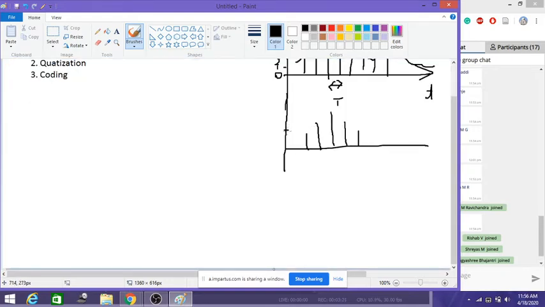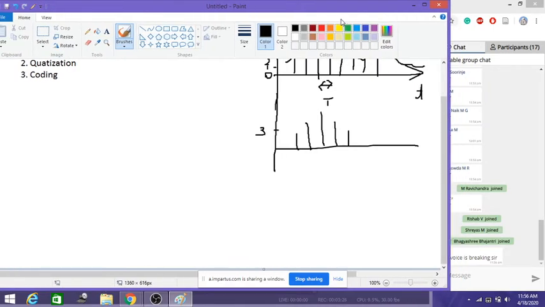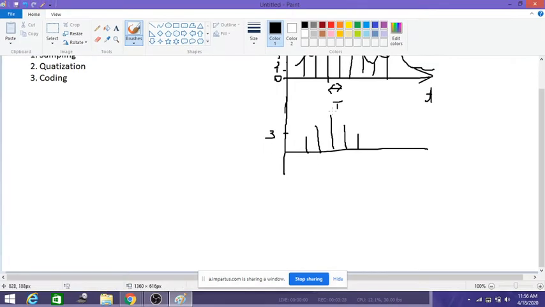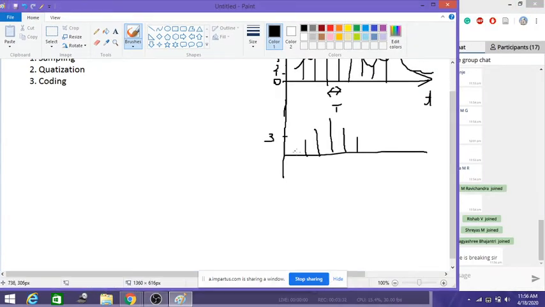So 8 levels we'll get. If a sample is at 3, then if it is somewhere at 2.9, we'll approximate this to 3. If it is somewhere at 4.1, we'll approximate this to 4 volts. This is called quantization. There is a small quantization error involved here.